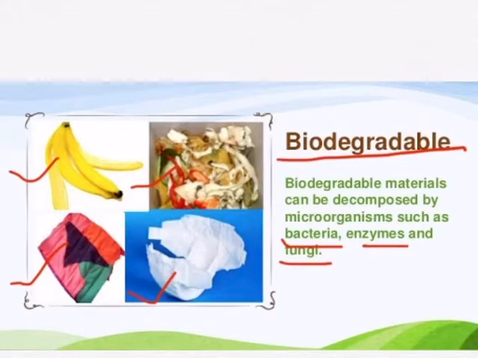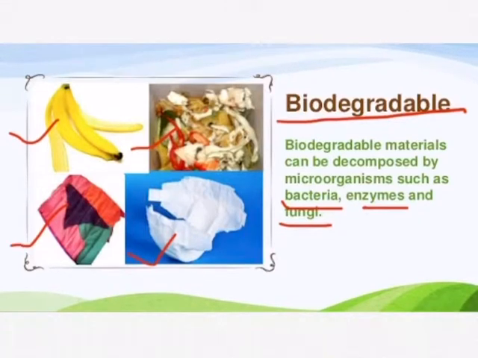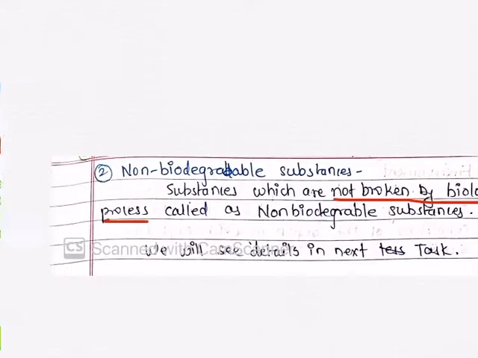See the image: banana peel, waste food material, torn cloth, and a baby's diaper. After some days, these substances are decomposed by microorganisms. Microorganisms means bacteria, enzymes, and fungi.